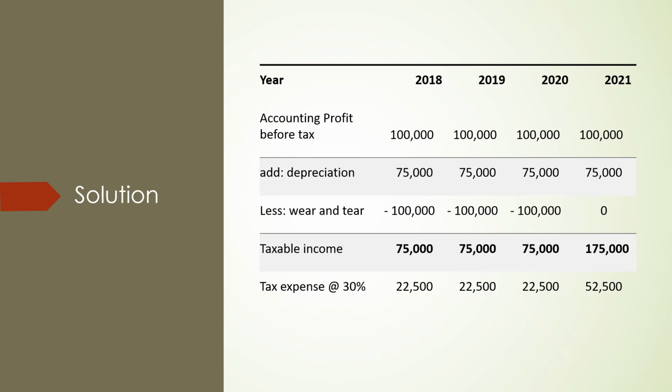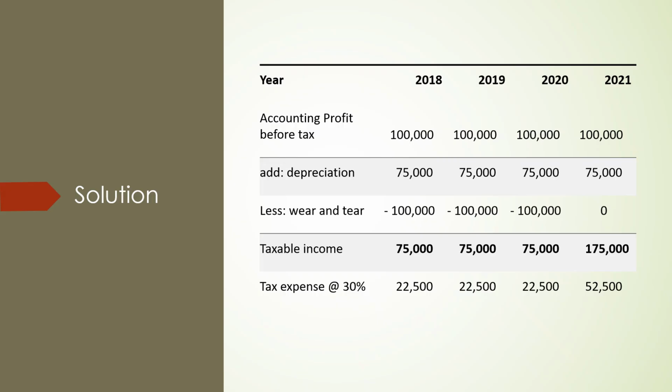The first step in determining the taxable income is to calculate our depreciation and wear and tear. Depreciation is determined by taking the cost price of 300,000 and dividing it by 4 years. Thus, the depreciation per annum over 4 years is 75,000.